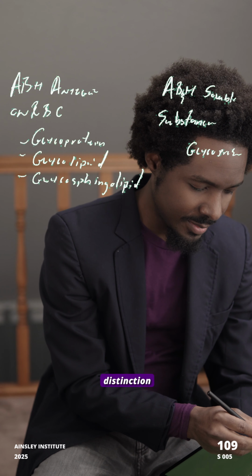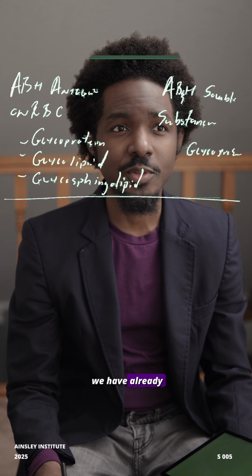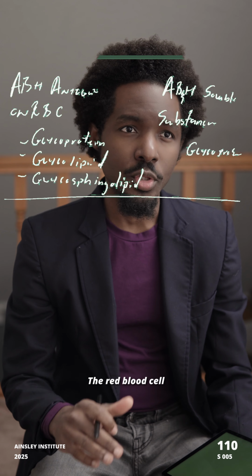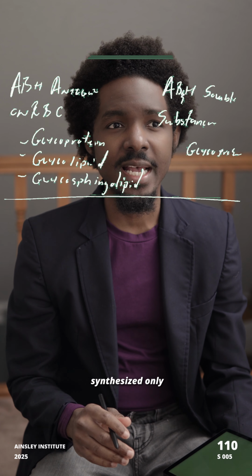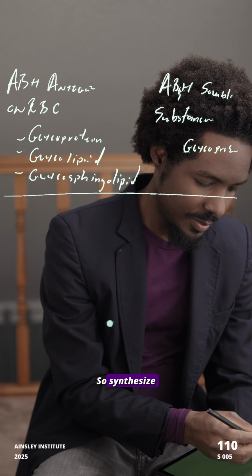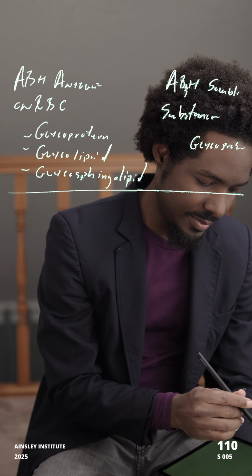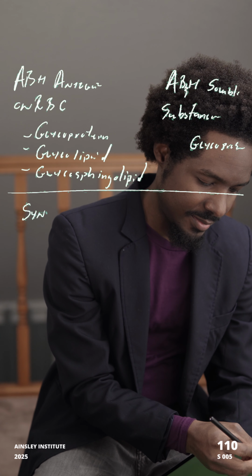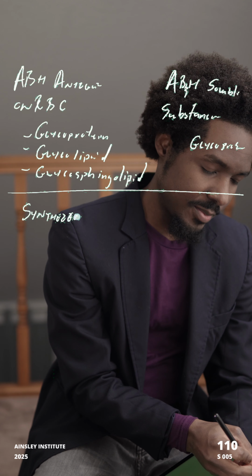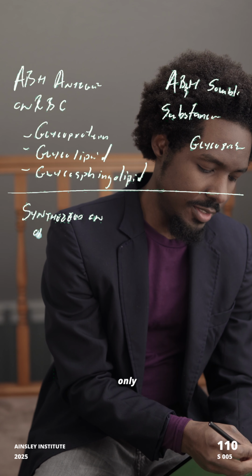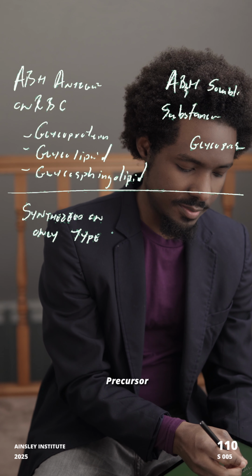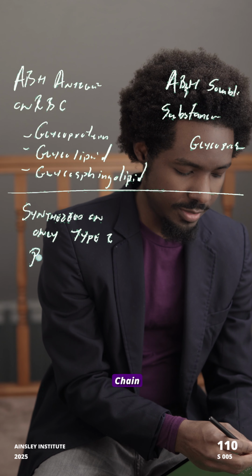So that is one distinction that we have already. The next thing to remember is that the red blood cell antigens are synthesized only on type 2 precursor chain.